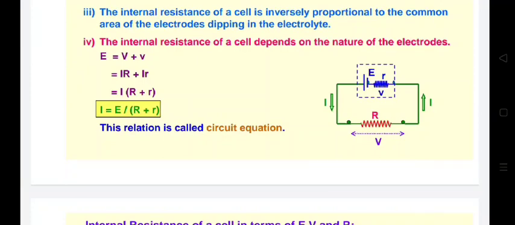So more the current taken, the value of voltage drop across the resistance will be more. As a result, we have an equation E equal to V plus v. So v will increase and then the value of terminal voltage will decrease. So more the current drawn from the cell having internal resistance r, in that case the terminal voltage will decrease.